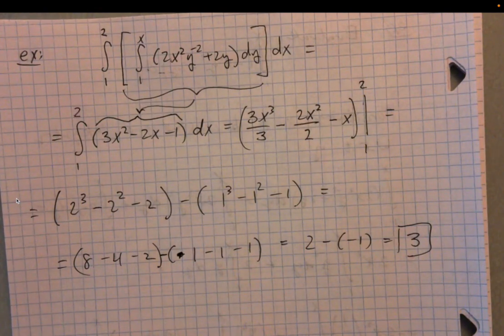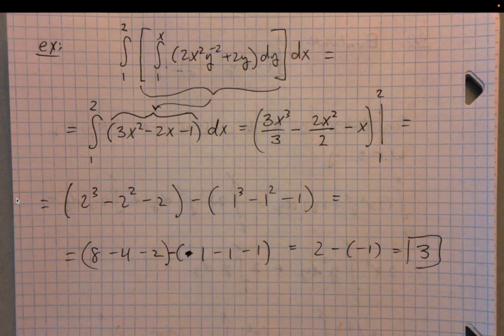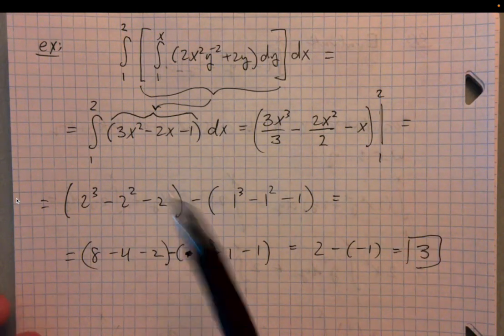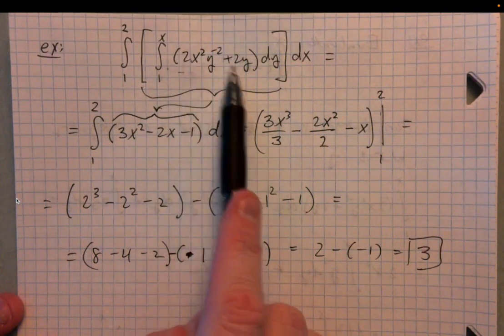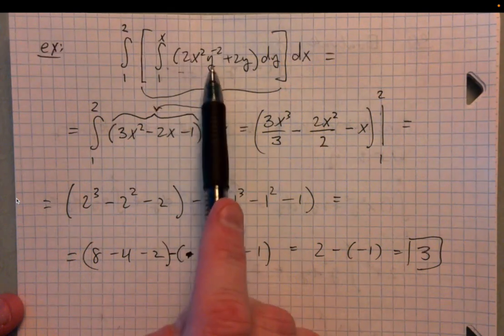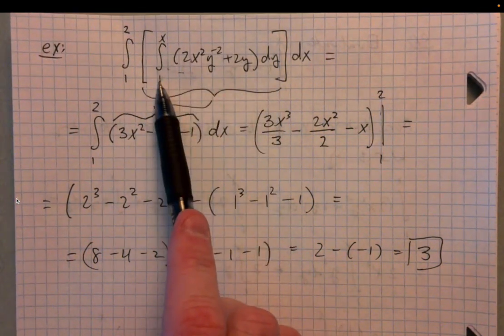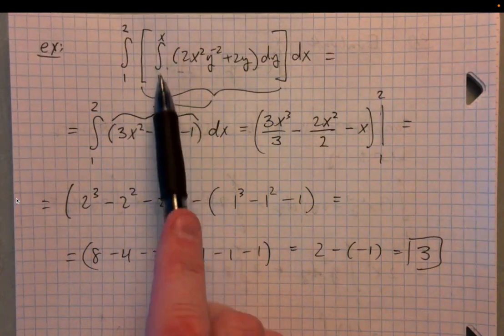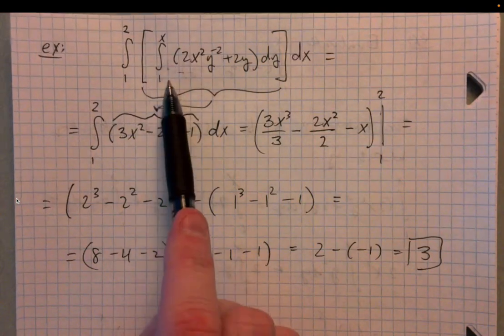Okay, so this is an example of an iterated integral. You start with an integrand that has multiple variables in it. You integrate that piece of it with respect to one of the variables, and then you set your limits of integration as functions, in this case, of x.